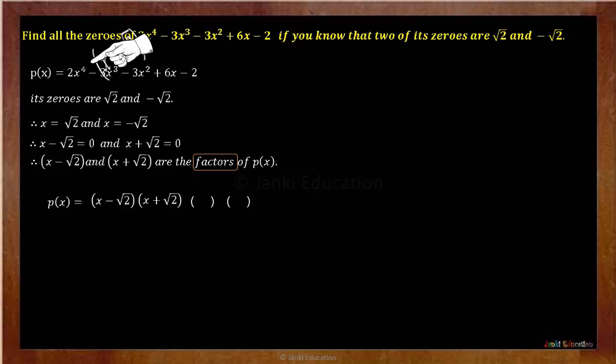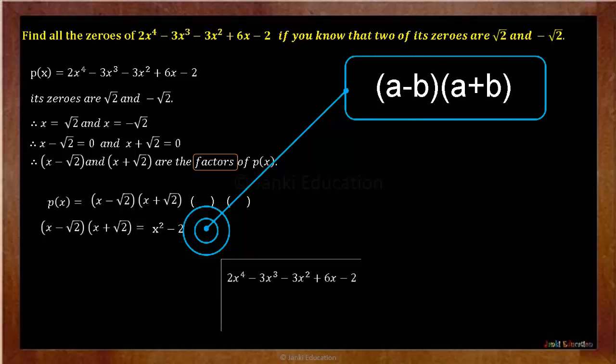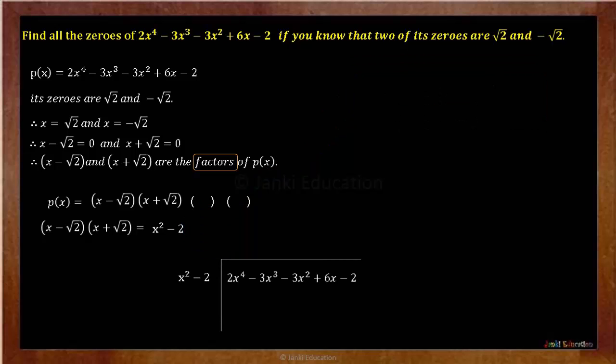And as we know, if we divide this polynomial by x minus root 2 and x plus root 2, which is equal to x square minus 2, then we will get remainder as 0 and the quotient which will be our factor.